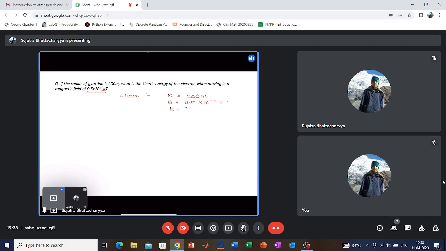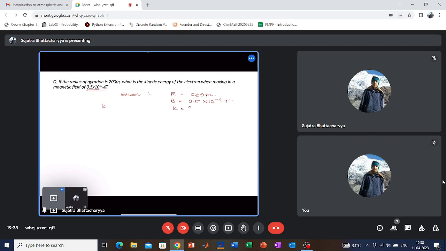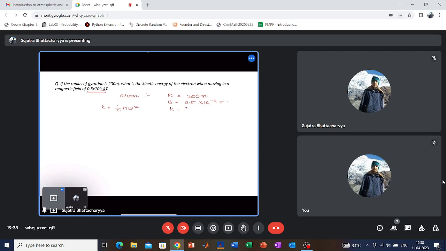And we have just now seen that K is equal to half mv square, and we can write root of 2K by m as v. The expression of the radius of gyration is mv by qB. So if I put the velocity, it comes out to be root 2Km divided by qB.